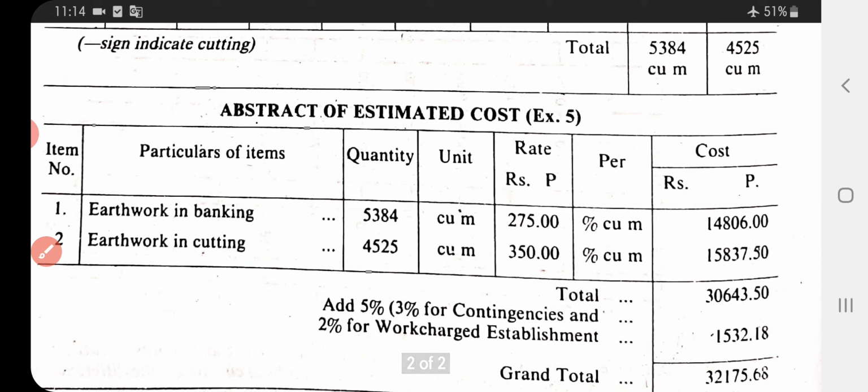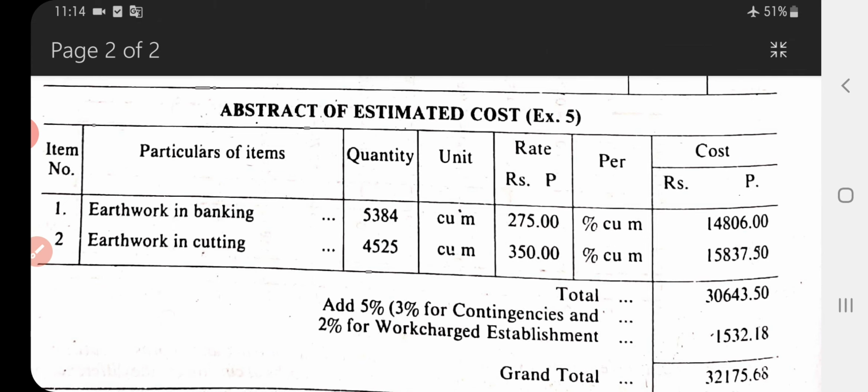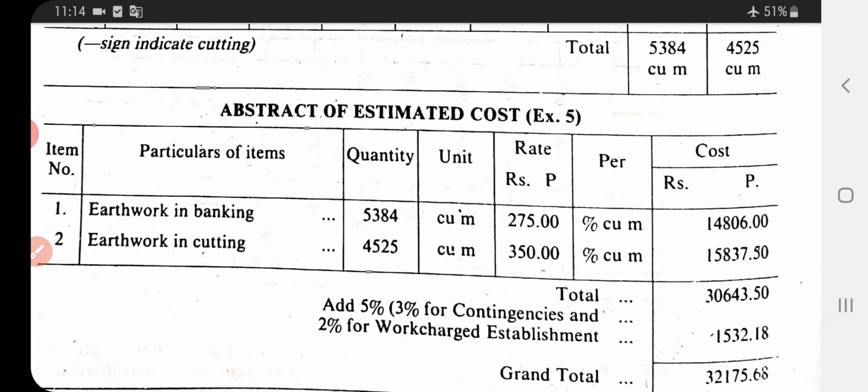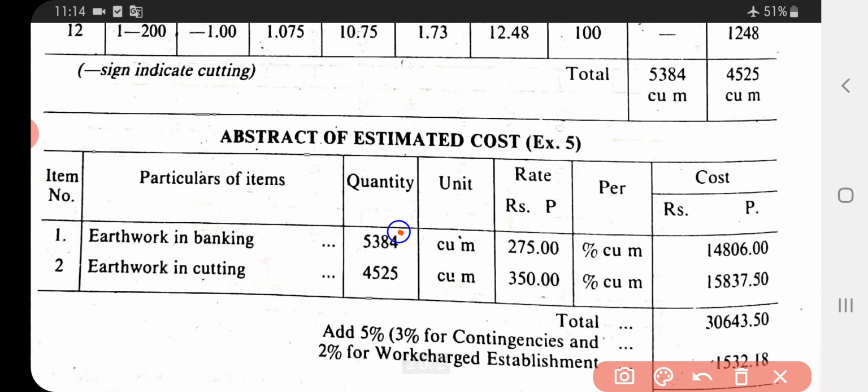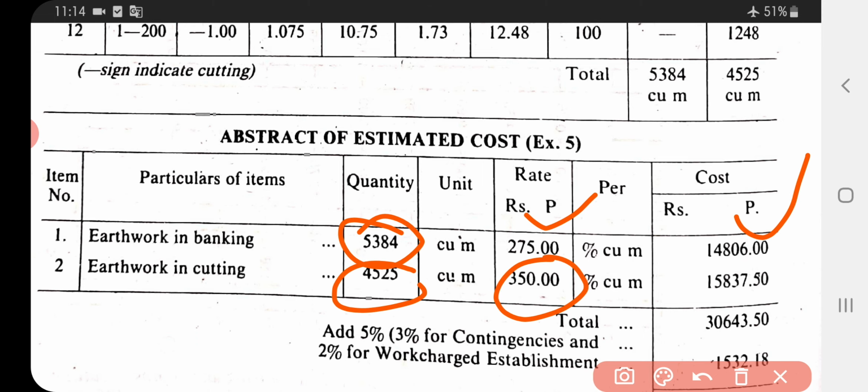Then multiply the quantity by your cost as given in the question: 5384 into 275, and you will get the total cost of earthwork in banking. And when you multiply 4525 with 350 per cubic meter, you get the cost.